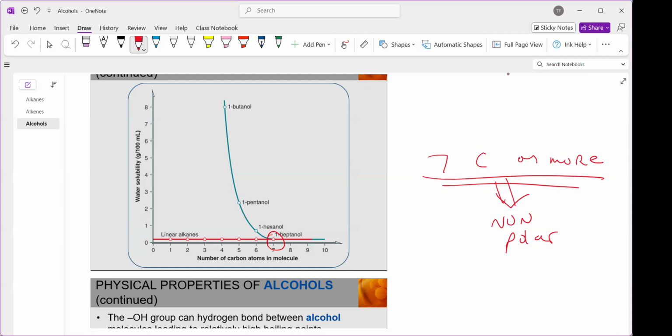Because the other carbons will overtake the polarity of that OH group, and they will take over. Up until that point, though, it's a polar molecule. So 4 carbons long, polar. 5 carbons, polar. 6 carbons, polar. 7 carbons, non-polar. And that's because the IMFs of those carbons overtake the IMF of the OH group.